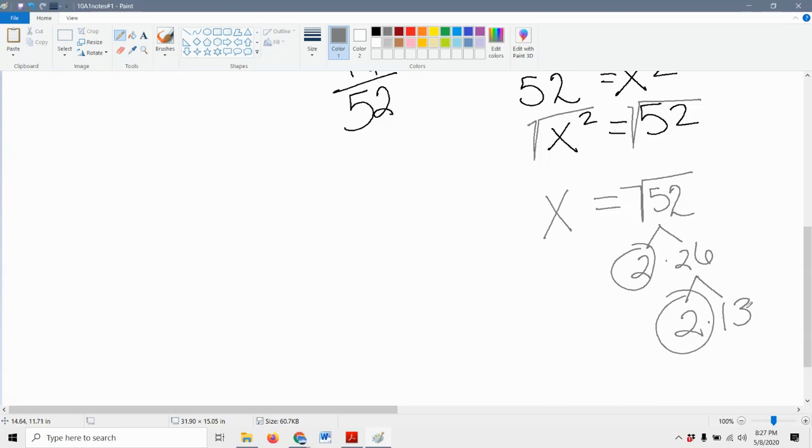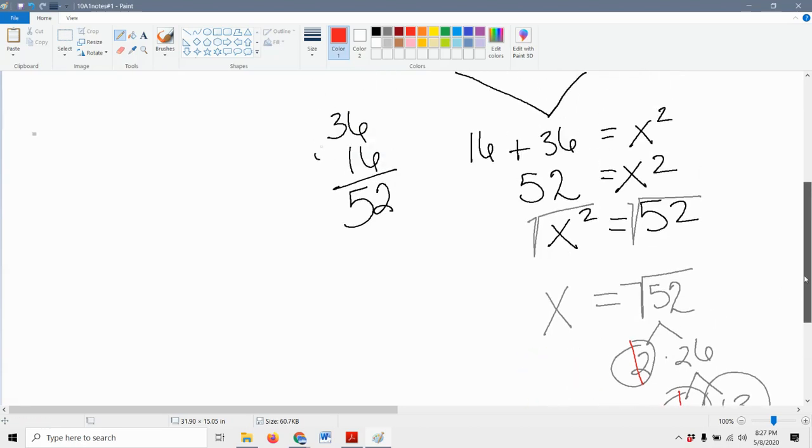This time 2 is prime, and 13 is also prime. Once we have those prime factors, 2 times 2 times 13 equals 52. If we have any two factors that are the same, 2 on the inside, 1 comes out. 13 doesn't have a buddy, so it stays behind. Our answer is x equals 2 root 13.